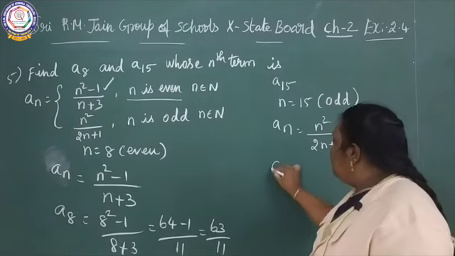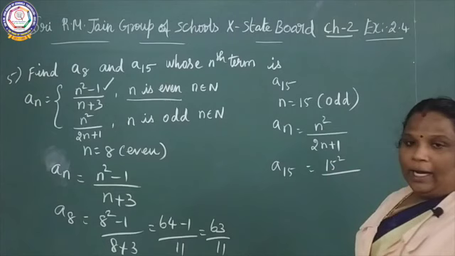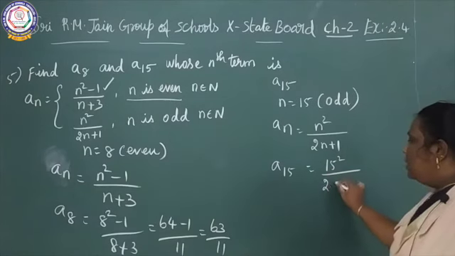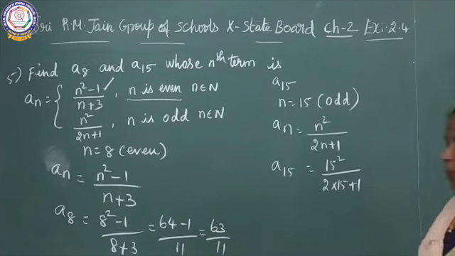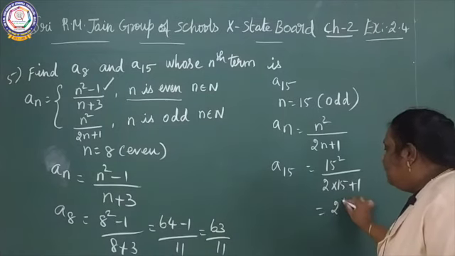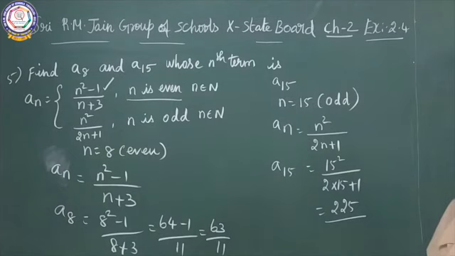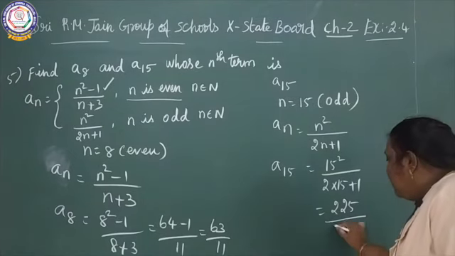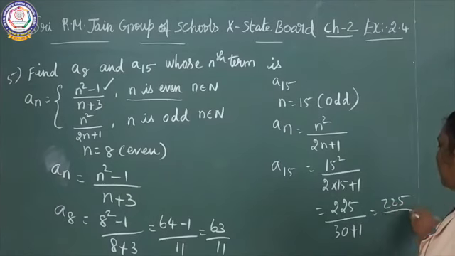N you can replace by 15. So 15 square by 2 into 15 plus 1. 15 square is 225. 2 15s are 30. 30 plus 1, it gives 225 by 31. A15 equal to 225 by 31.